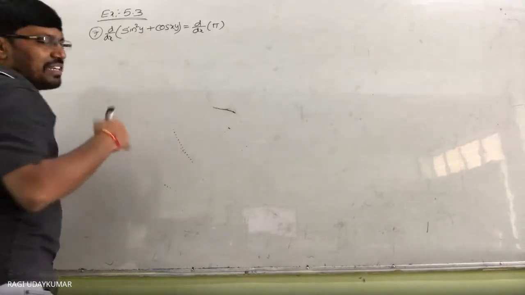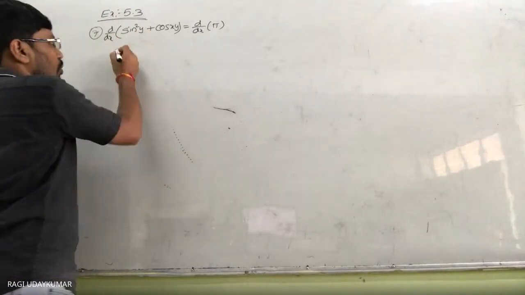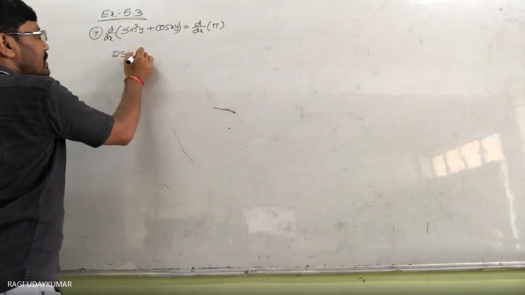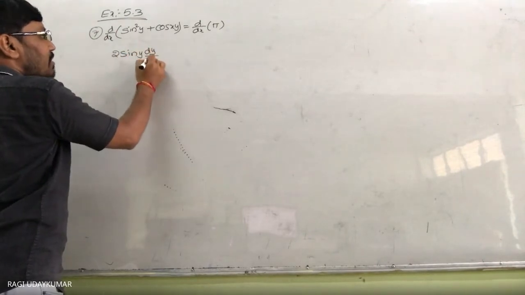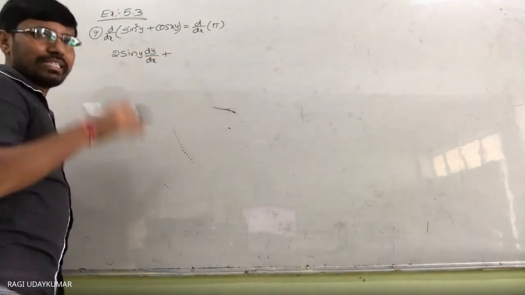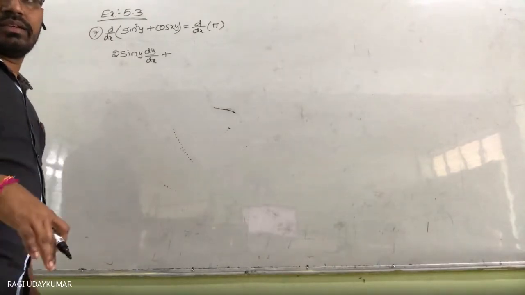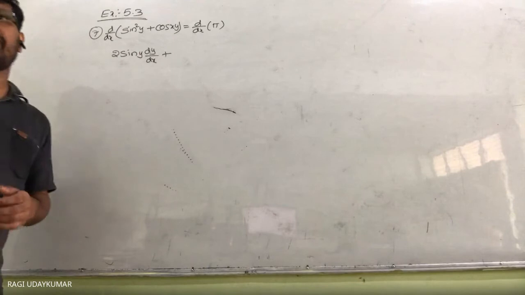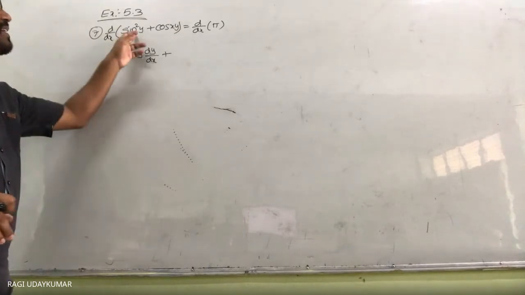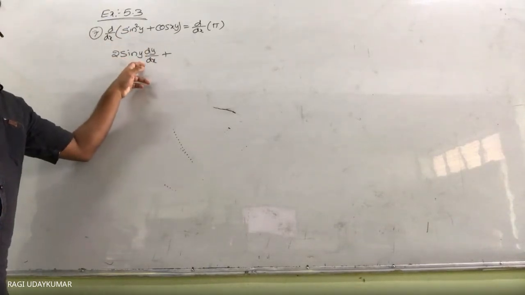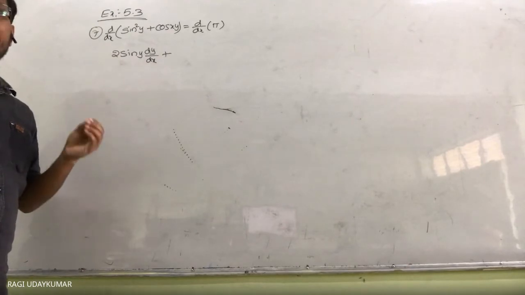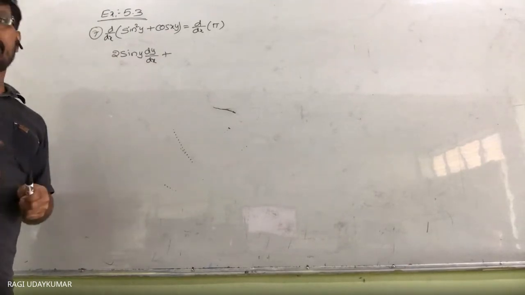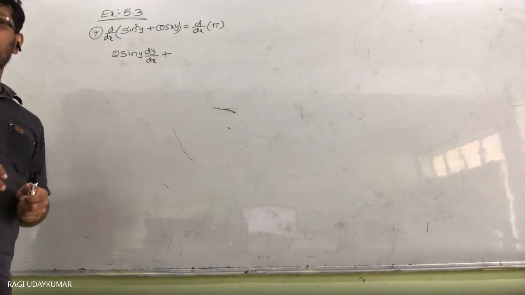Sin square y derivative is 2 sin y dy by dx. Cos xy derivative, can you say what you get? d by dx of sin square y means 2 sin y dy by dx, but that is wrong.